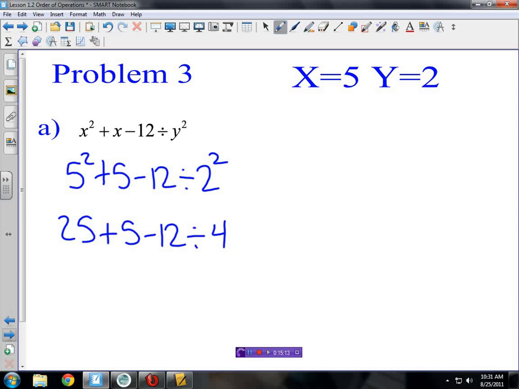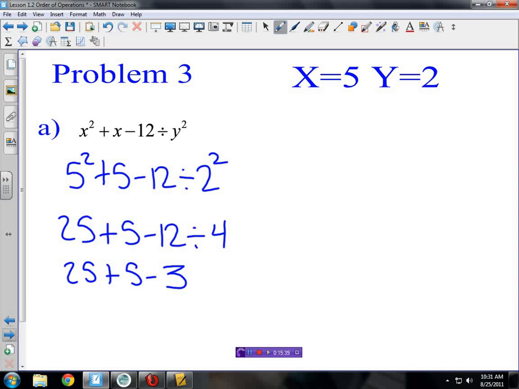From after exponents, we have what? Yeah, we have a division symbol here. So I'm going to drop down everything I'm not using again. Plus 5 minus, wait, almost went too far. Then we have 12 divided by 4 is 3. There we go. I was actually supposed to do the division. Then after division, we have what? Adding and subtracting.